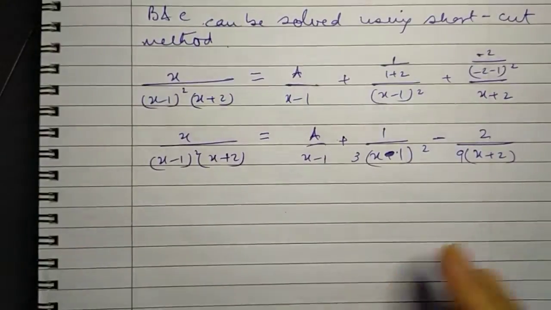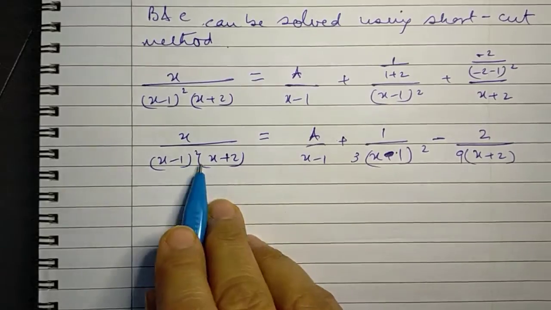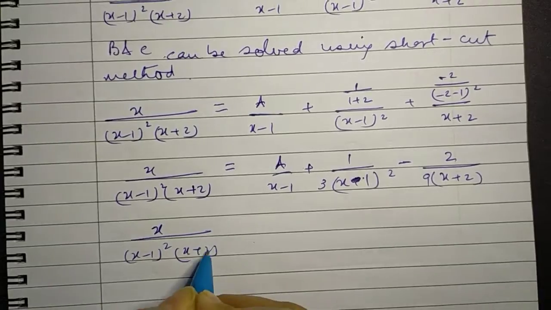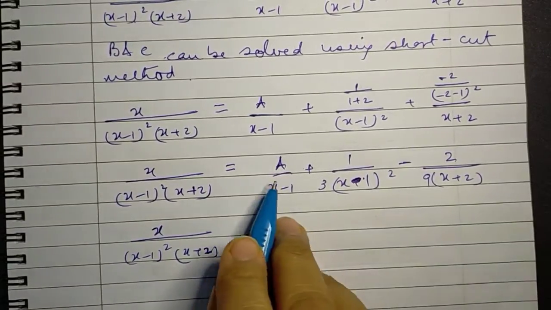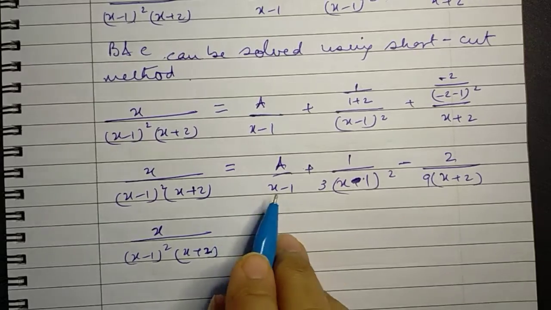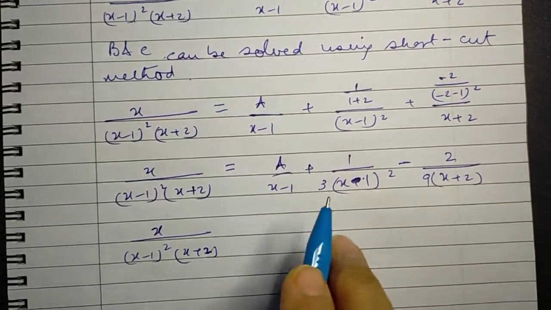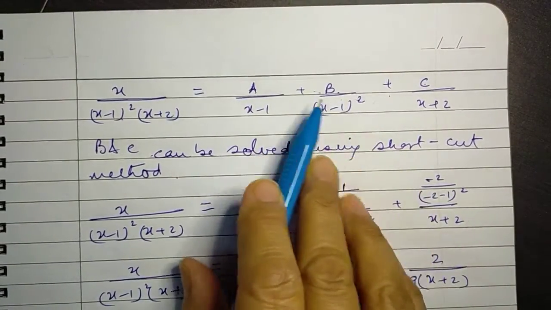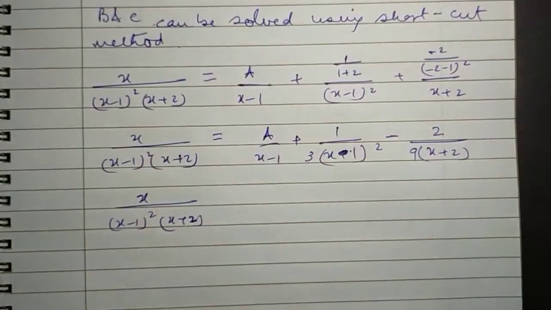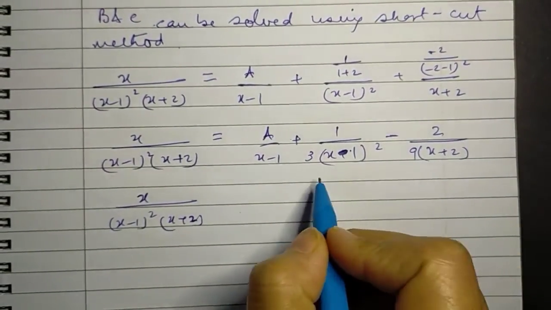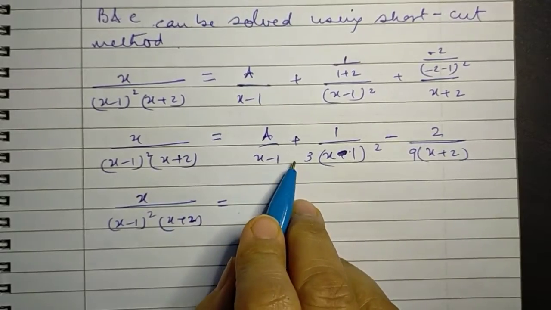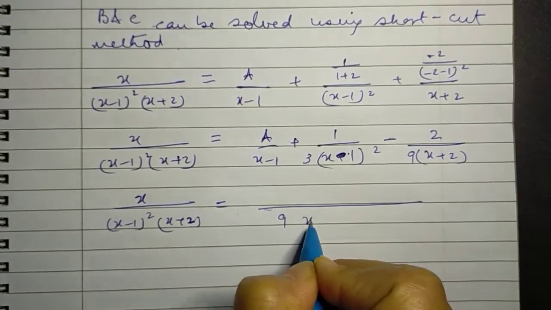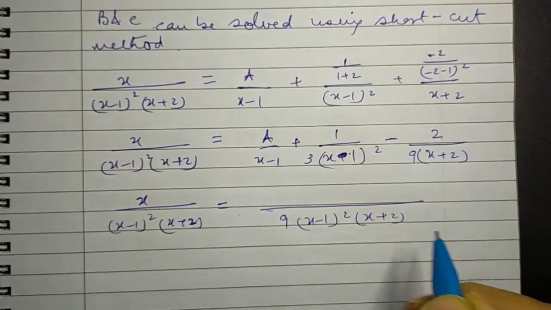Now at this stage we will take the LCM and find a by comparison. So what do we get? We again write it as this, x plus 2. Even though we have to take the LCM and compare, this way of doing it is far simpler than directly taking the LCM from the very beginning and comparing. So what do we get here? x minus 1 is already there, so first of all the denominator will have 9 x minus 1 square x plus 2.